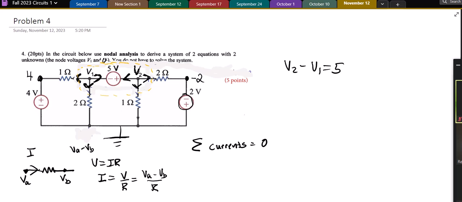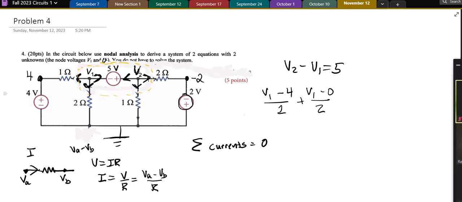So when I start with my supernode up here, I'll start with V1, and I'll go to the left. I'll get V1, the voltage where I'm starting, minus the voltage on the other side of the resistor, which is 4, over the resistance, which is 1. So that's our first current. Our second current, we're going to go down, and that'll be V1 minus our voltage on the other side. The other side is ground, so that's 0 over 2.